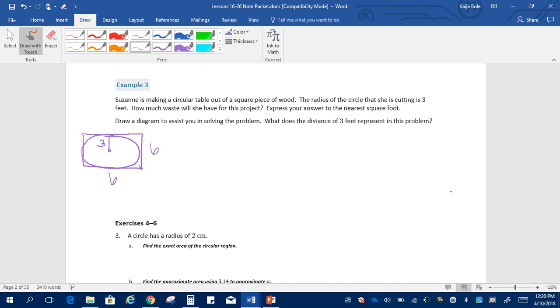To find how much waste, we first have to find the area of the square. The area of the square would just be 6 times 6, which would be 36 square feet. And then we have to find the area of the circle, which would be A equals pi times 3 squared, or r squared.